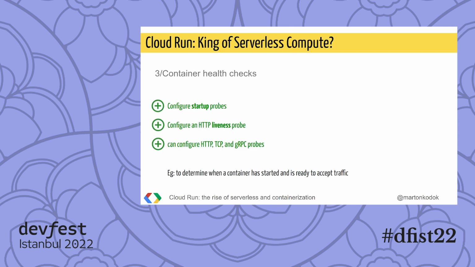One is the startup probe. Let's imagine you have a backend which starts up very fast, but let's imagine you have a machine learning serving container, which needs a few seconds to boot up because it needs to get the artifacts, get the model. The orchestrator can be instructed to run a liveness and startup check to know when you are ready for serving traffic.